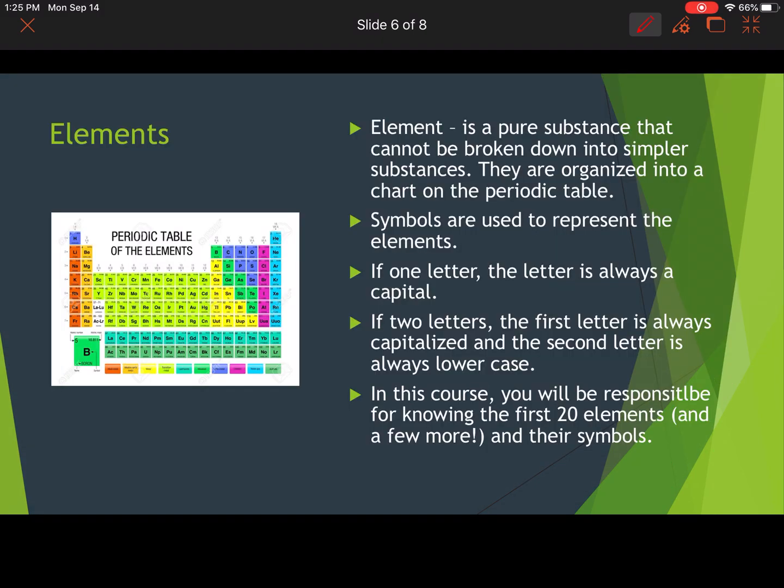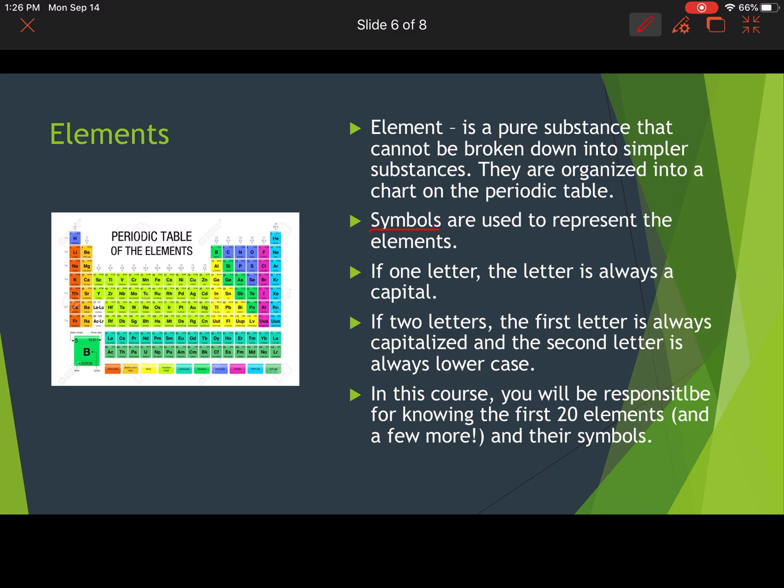Now, we've got elements. So elements are arranged on what's known as the periodic table. So an element is a pure substance that cannot be broken down into simpler substances, and they are organized into a chart on the periodic table. Now you're going to have a couple fill-in-the-blank notes to put here. So symbols are used to represent the elements.